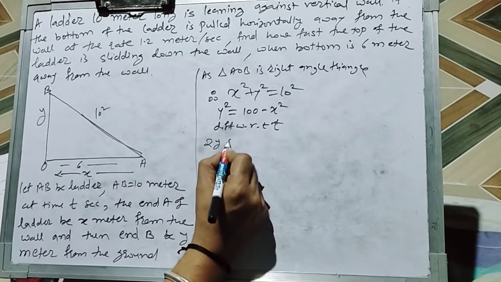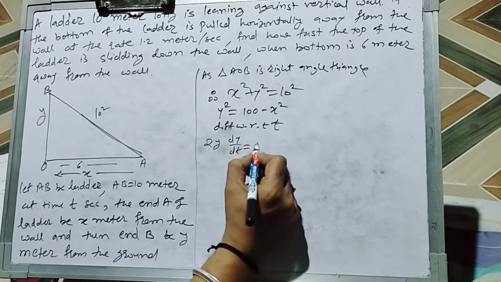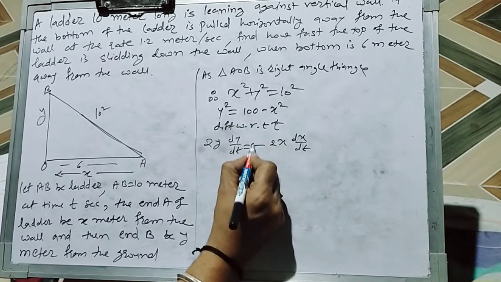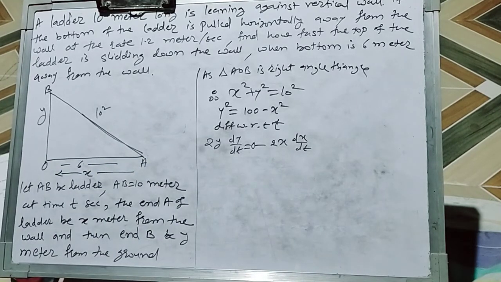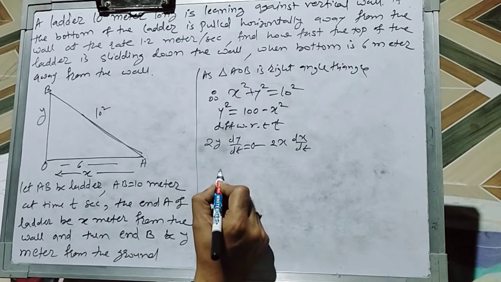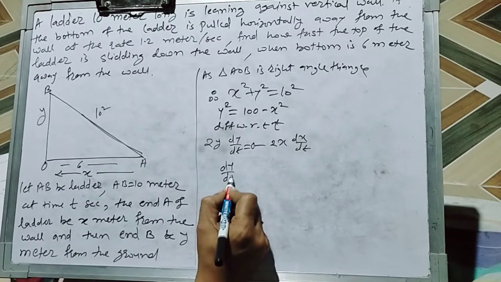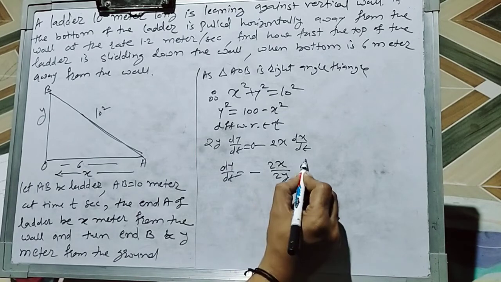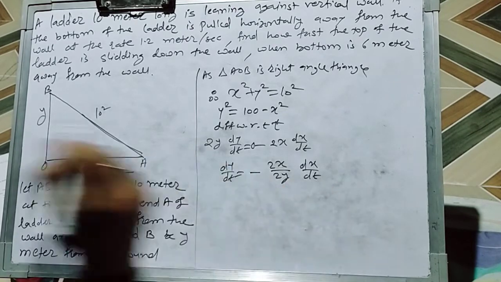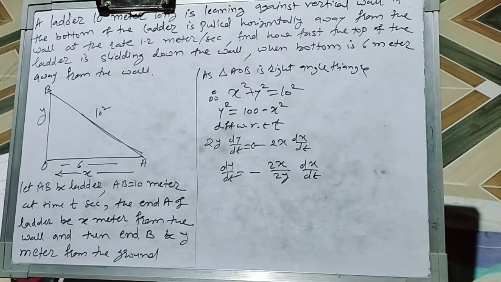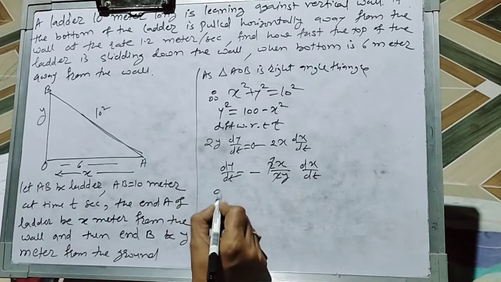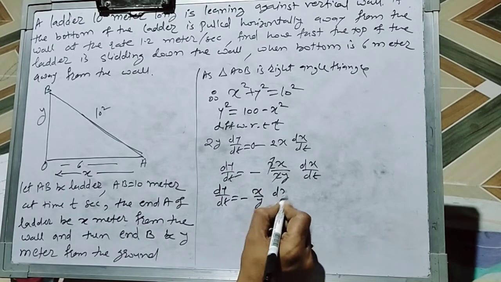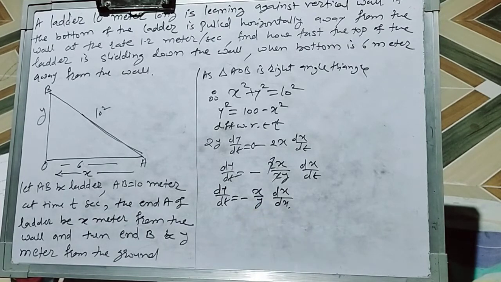So twice y dy by dt is equal to minus twice x dx by dt. Here the derivative of 100 is 0. So dy by dt is equal to minus twice x divided by twice y dx by dt. So to cancel, dy by dt is equal to minus x divided by y dx by dt.